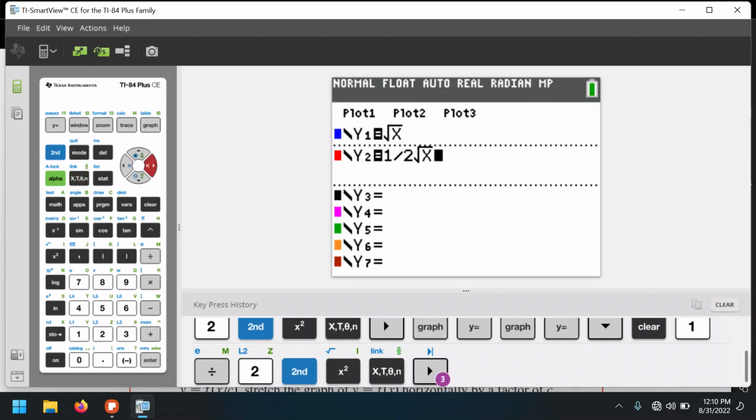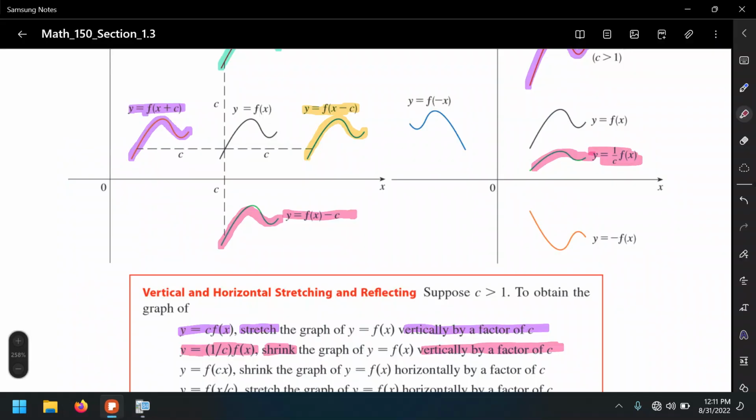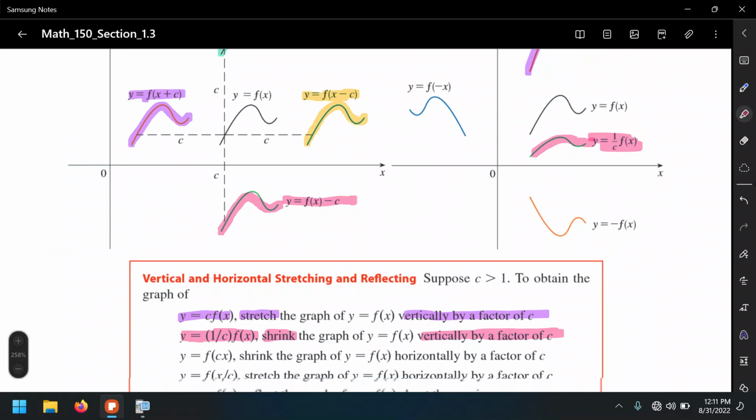Because of this 1/2, the graph that we will see in red, we would expect to be a smashed graph with respect to the graph in blue. Let's see if that is the case. Okay, and it is. So the graphing calculator here confirms what we are looking at from the notes on the textbook. Actually, these notes are straight out of the textbook, by the way.